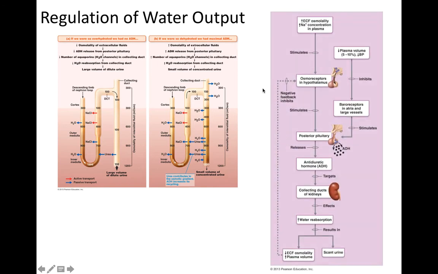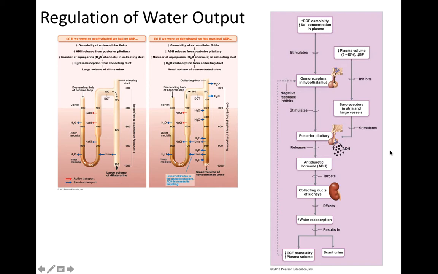Here is kind of the mechanism of this. So you've got the osmoreceptors in the hypothalamus. We've got baroreceptors that are all talking to the posterior pituitary. As we release, we're going to increase water reabsorption, and that then, using negative feedback, will get us back to where we need to go.